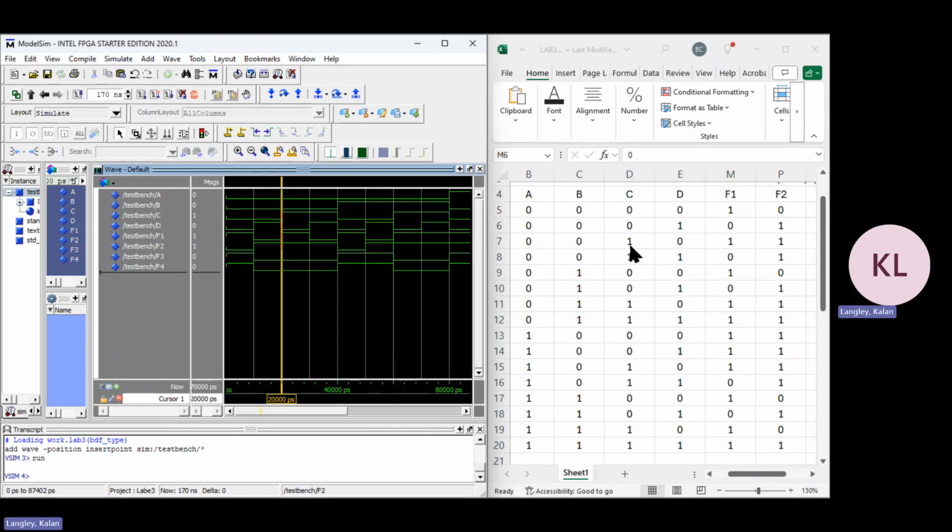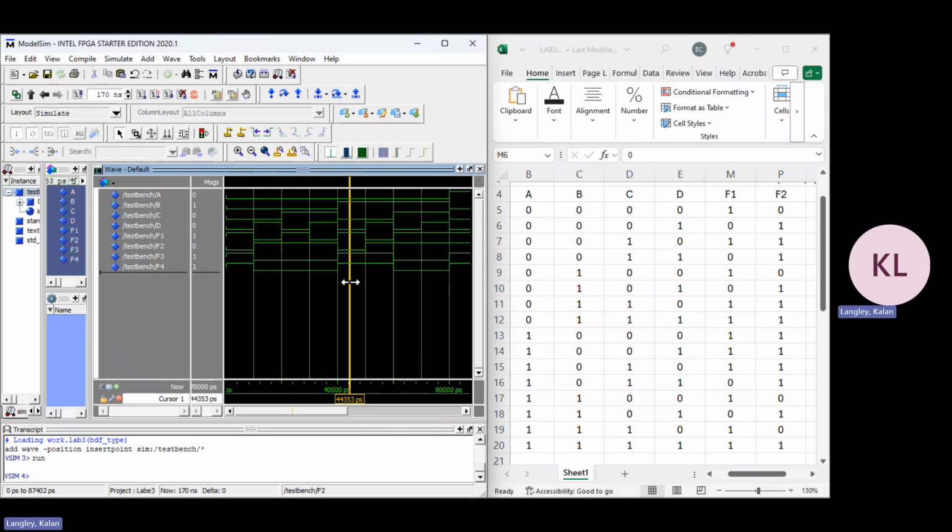F1 and F2 are 1 and 1. You can see that here and here. Now C and D. Sorry, they didn't both turn off. C and D, F1 is 0, F2 is 1. That looks good there. Now to B.